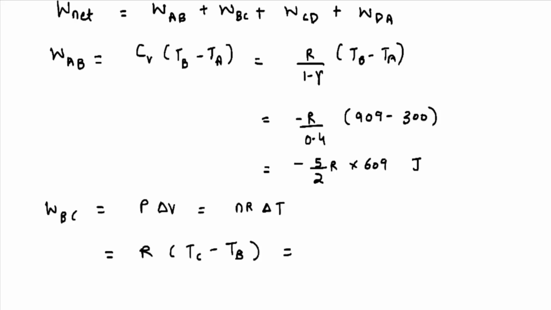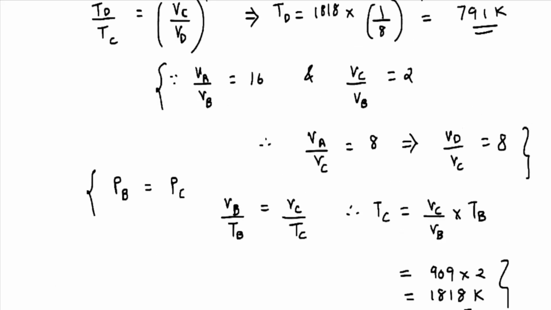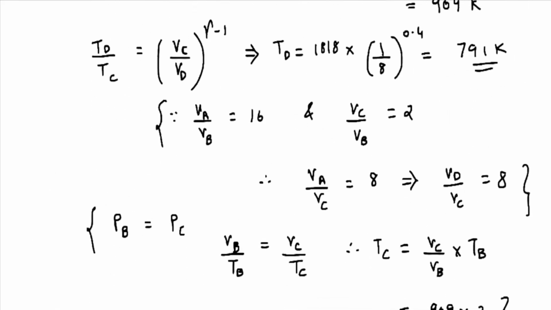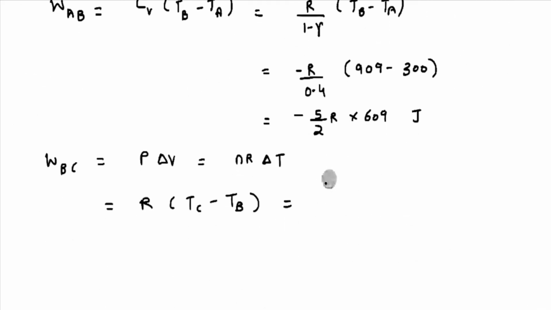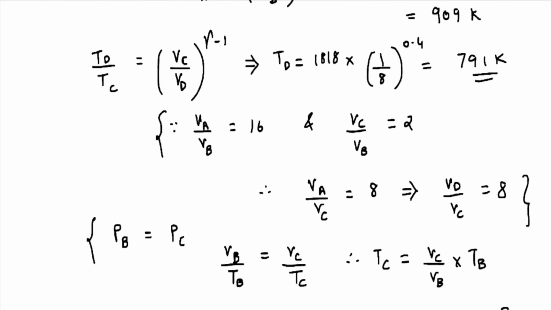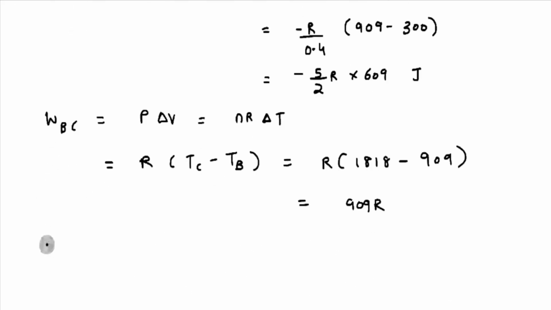Tc we have calculated as 1818, and the value of Td is 791. So we can write R into 1818 minus the value of TB, which is 909. This value comes out to be 909 R. Let's check once again, the value of TB is 909. Okay, so let's proceed further. So this is the work done from B to C.